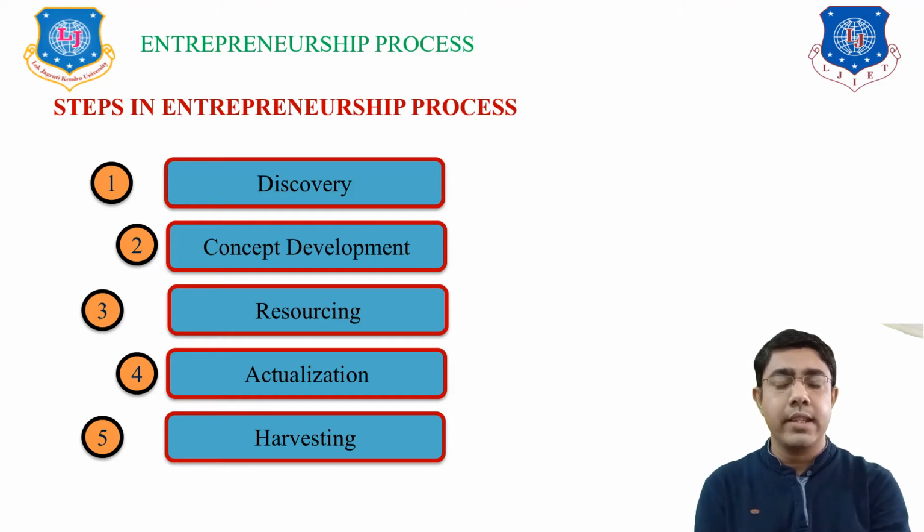Fourth is actualization: after the business plan is made and the resources acquired, the next step is the actualization of the business plan and utilization of the resources by allocating them. And fifth is harvesting, which is considered for the future growth of the entrepreneurship. So let's discuss all these steps in detail.